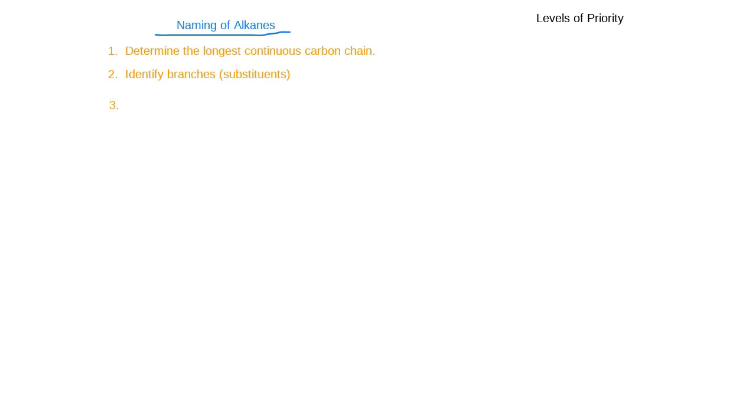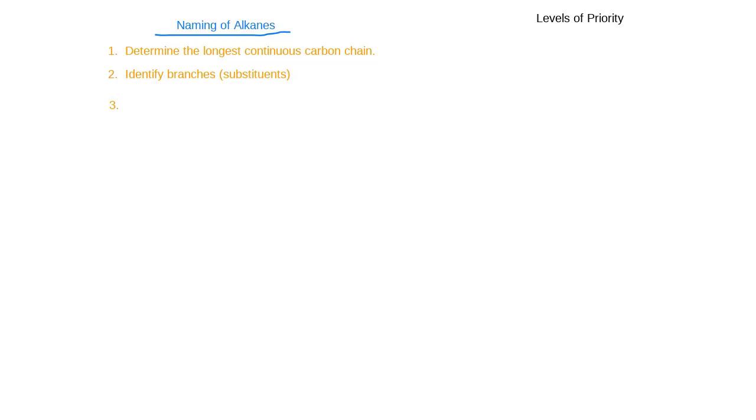You would number each carbon in the longest continuous carbon chain, the main body, so to speak. So basically what you need to do is number the longest carbon chain according to the levels of priority.